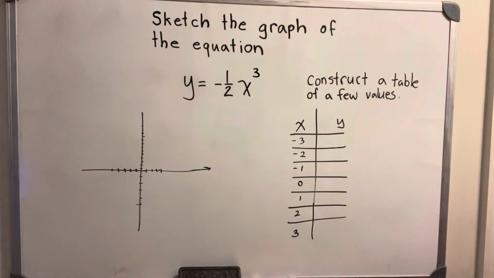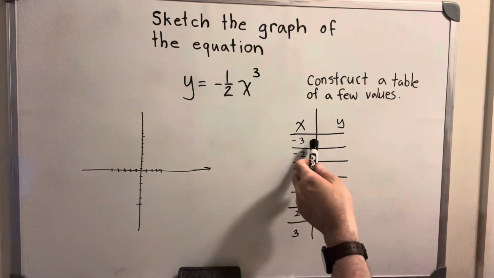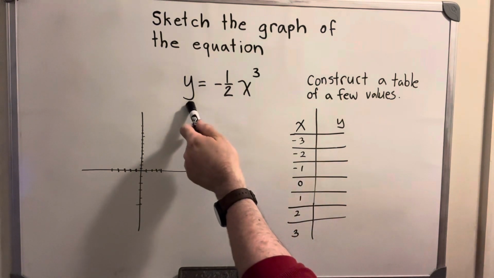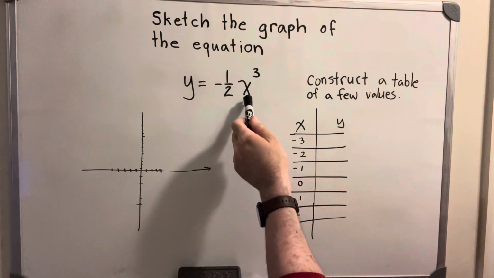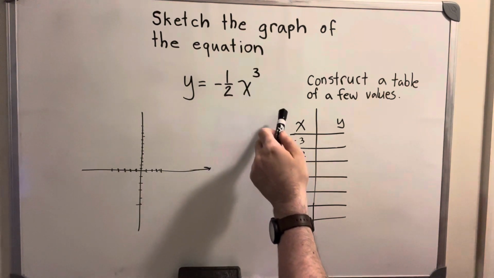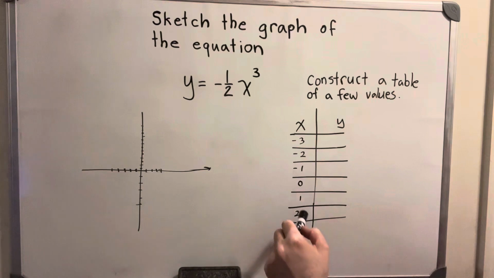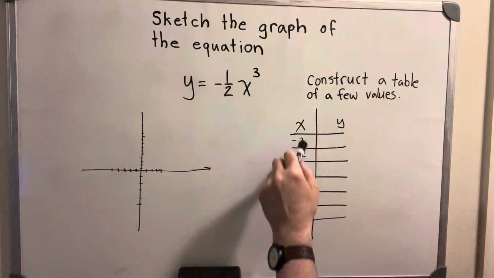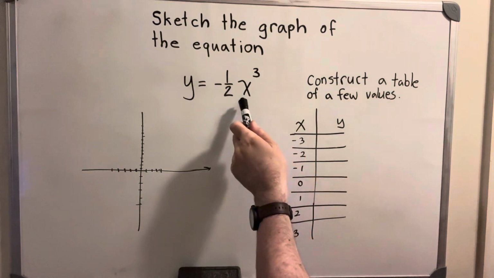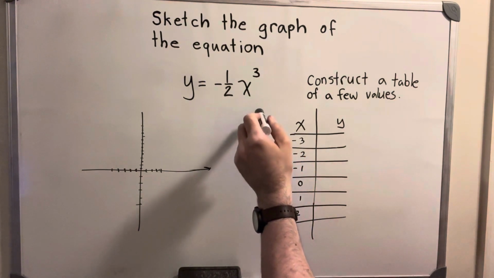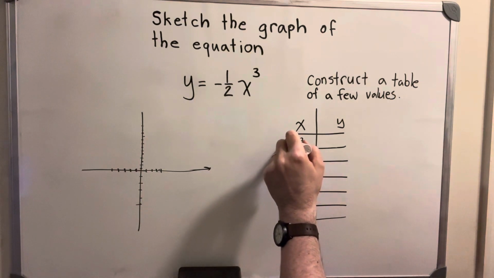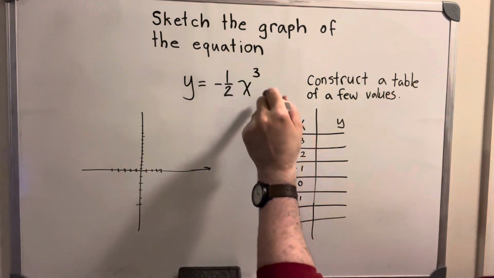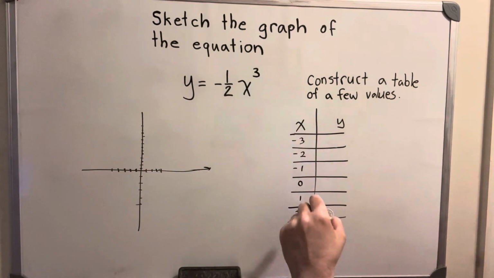So with this equation, it's very easy to find out which ordered pairs are solutions, because as you see, y is all by itself. So you can just plug in as many values as you want of x, and then compute the value that y gets when x is what you plug into it. So go ahead, I encourage you to figure out when x is -3, find out what -1/2 times -3 cubed is, and go down with the rest of these.